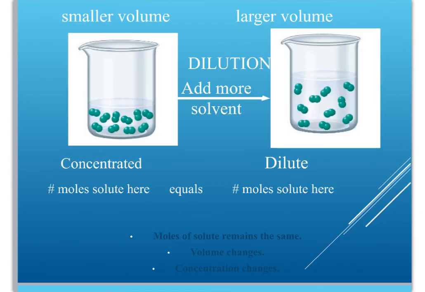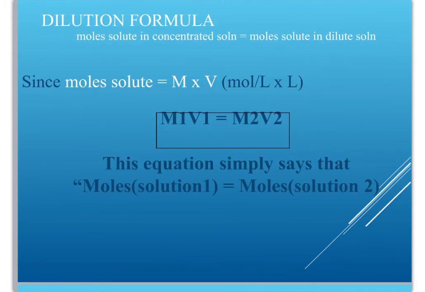This slide is just emphasizing what I already said about dilution, that if all you're doing is adding more of the solvent, you have the same number of particles, therefore the same number of moles of the solute. But again, your volume has changed and the concentration has changed. So here is the dilution formula, M1V1 equals M2V2.